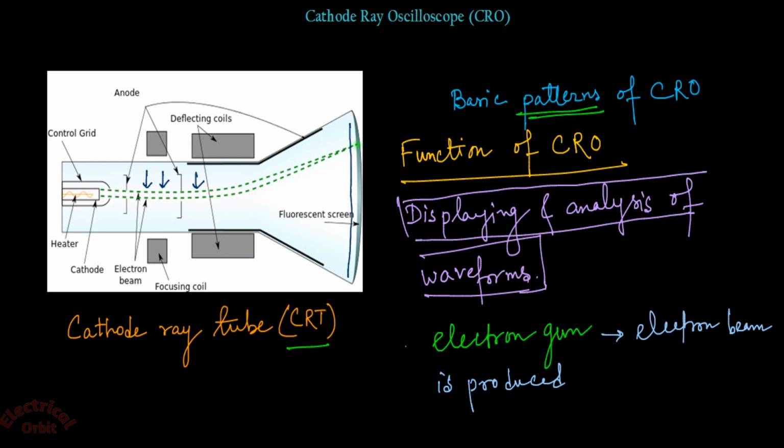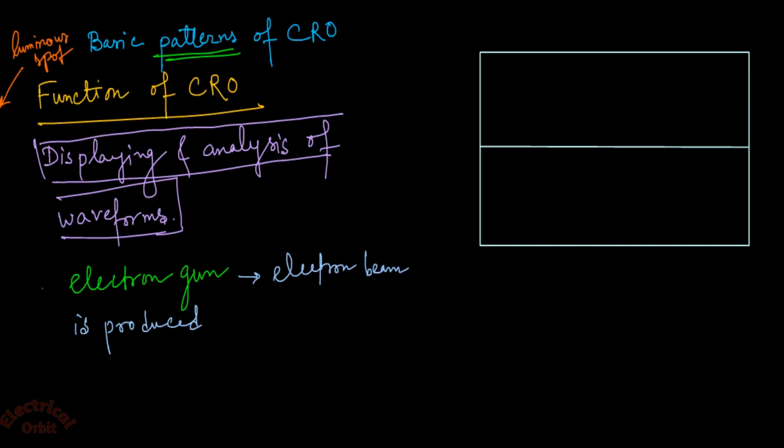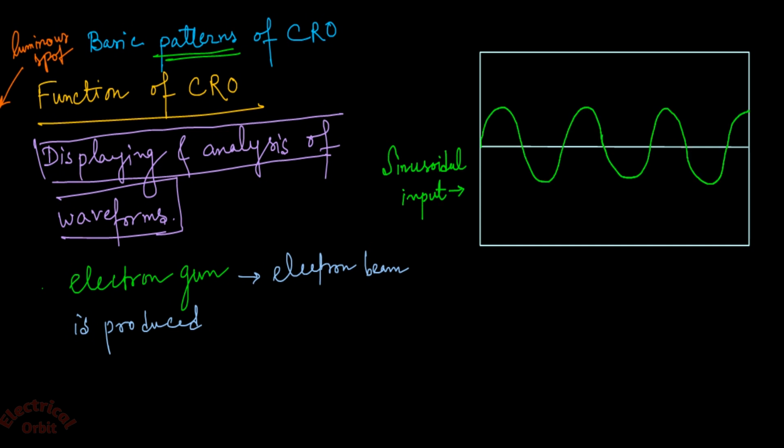This is the screen made with phosphor and coated with aquadag, which forms the luminous spot. Now, how is that? If we apply a sinusoidal input to the CRO as a signal, then this CRO screen will produce a waveform like this.